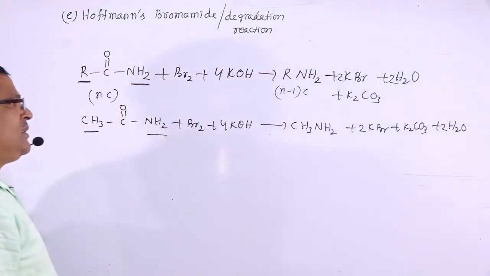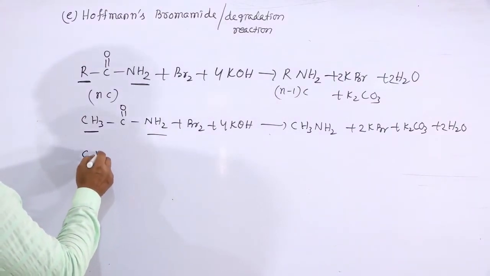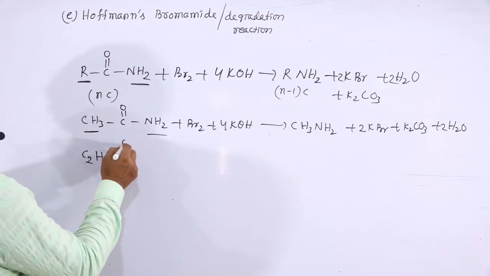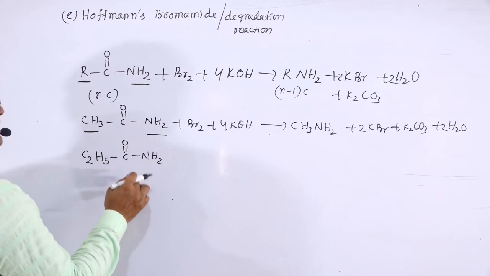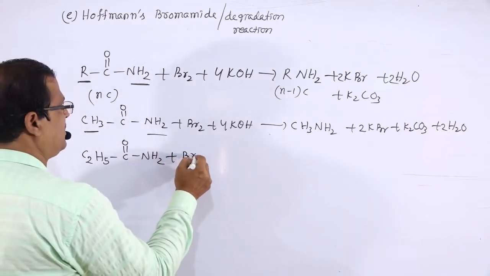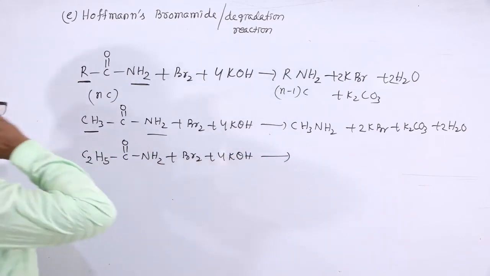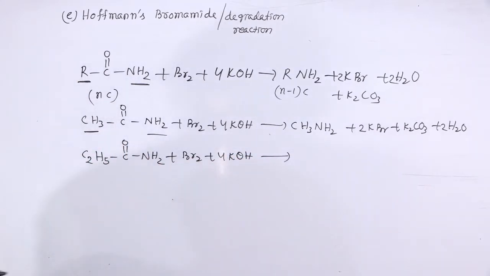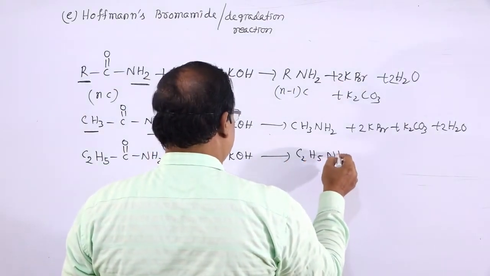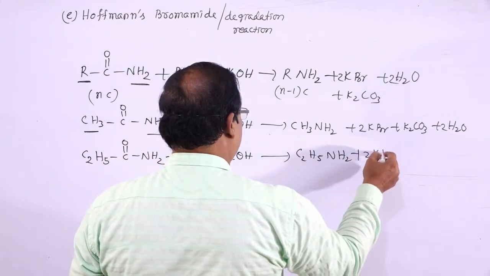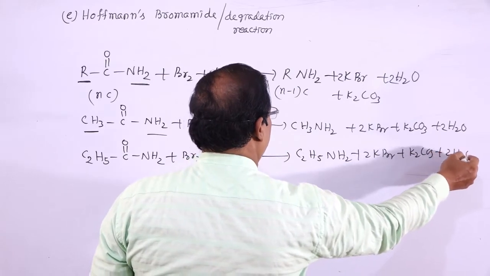So this is the degradation reaction. Or if you take propanamide C2H5CONH2 plus Br2 plus 4 KOH, propanamide treated with bromine and KOH forms C2H5NH2 plus 2 KBr plus K2CO3 plus 2 water.